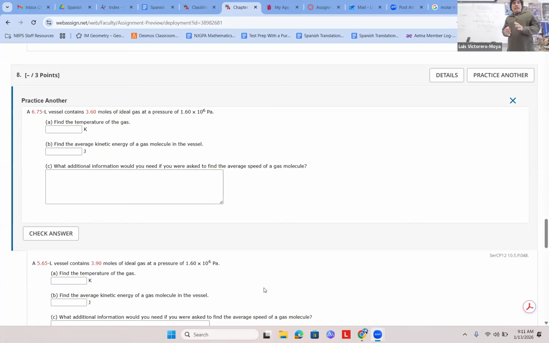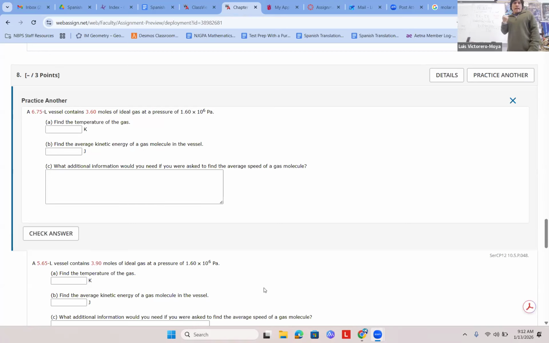If the pressure is in pascals, then we have to use the same equation, but the R will change. The R has to be in joules per mole per Kelvin. That's 8.30 or 8.31, depending on how you're rounding it. Okay, the R constant.